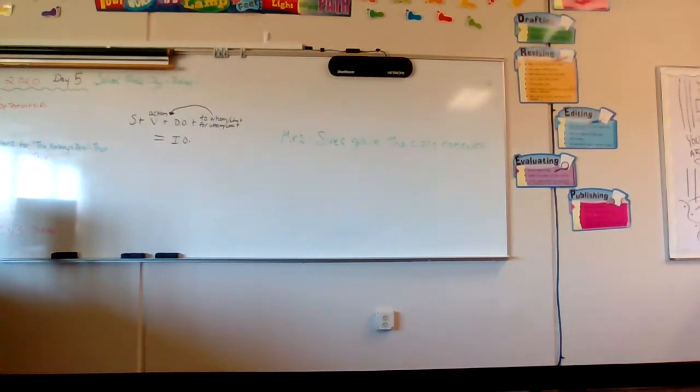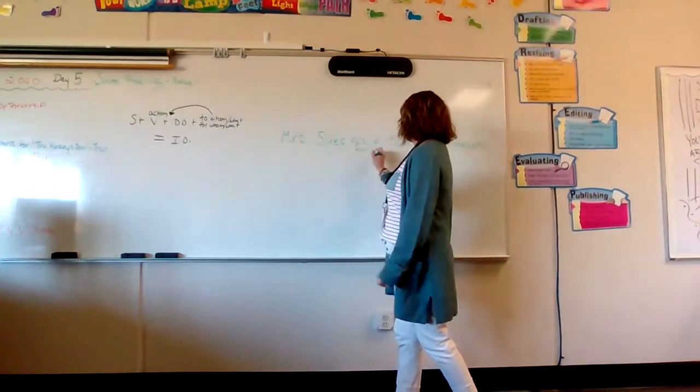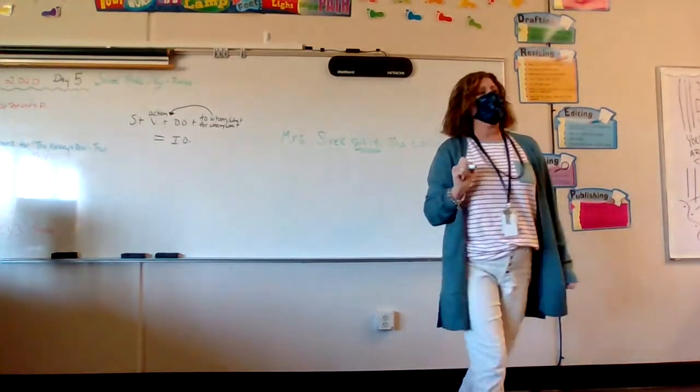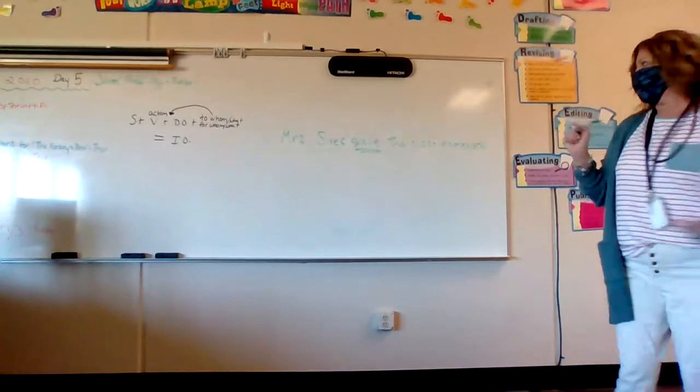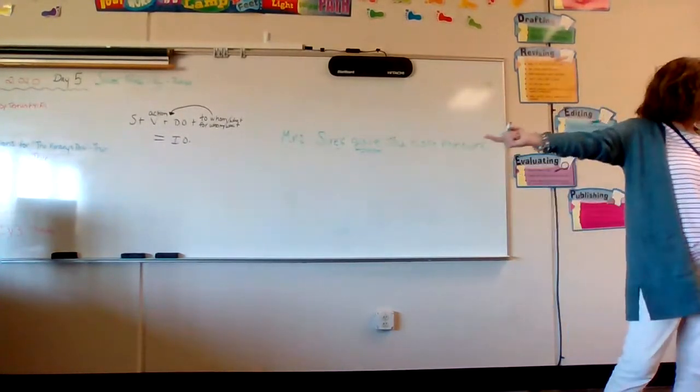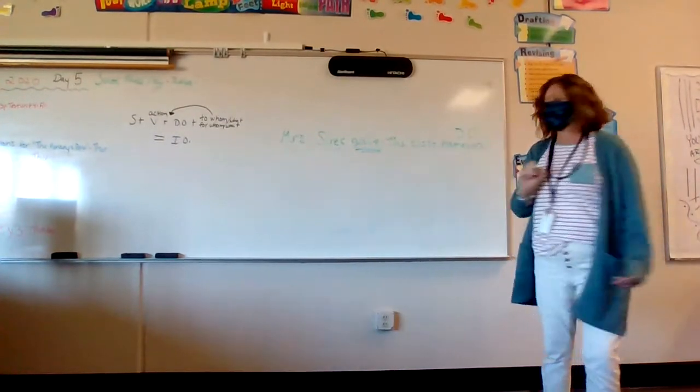Okay, so Mrs. Sirik is the subject. Gave is the verb. Is gave an action verb? Yeah. Okay. So we know it's an action verb. Mrs. Sirik gave what? Homework. So what's homework then? Direct object. Okay. She gave homework is a direct object.